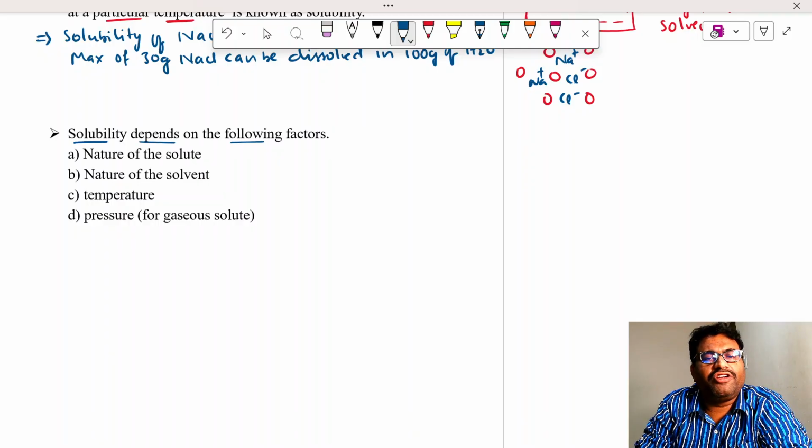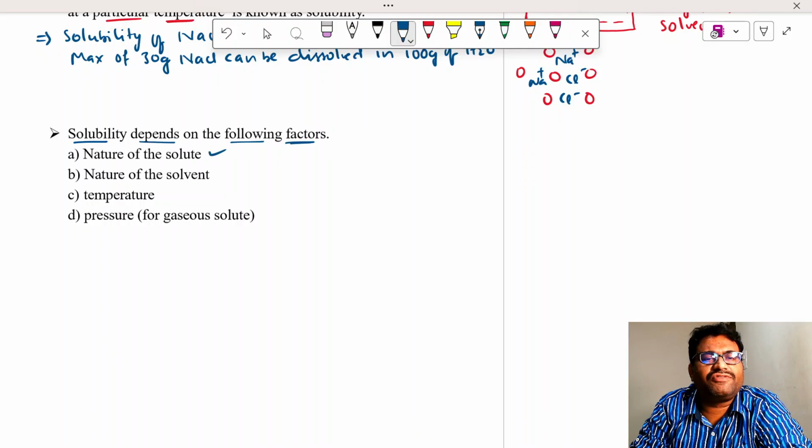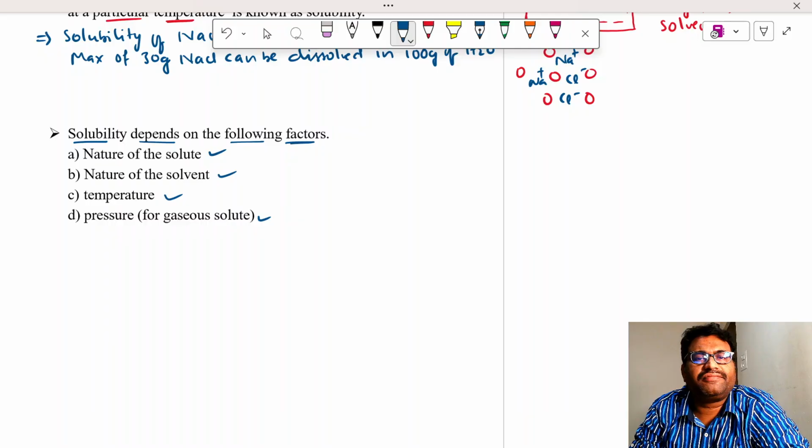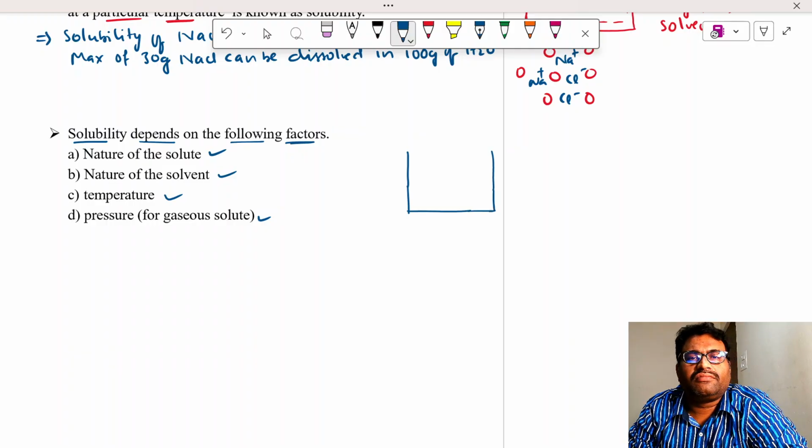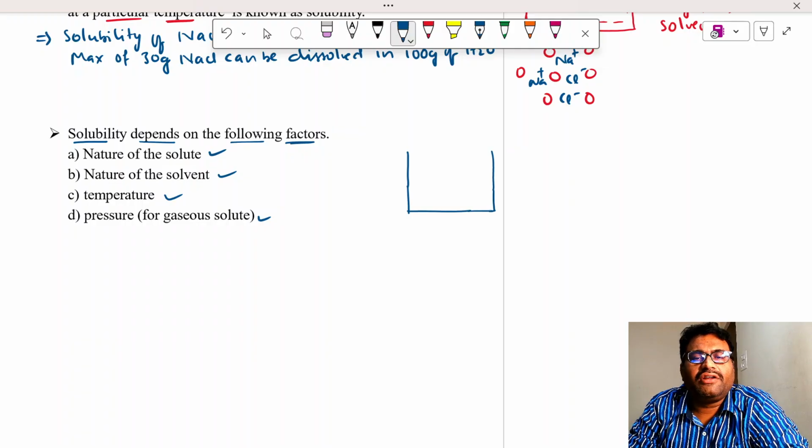Here solubility depends upon the following factors: nature of solute, nature of solvent, temperature, pressure. For example, let me dissolve salt in water.